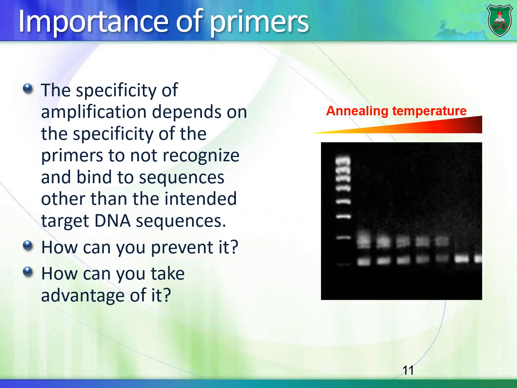Okay, so notice here that at low temperature, for example, we have a number of products. If we increase the temperature slowly, eventually we would get this perfect temperature that allows primers to bind to DNA specifically, allowing for a single product to be amplified.